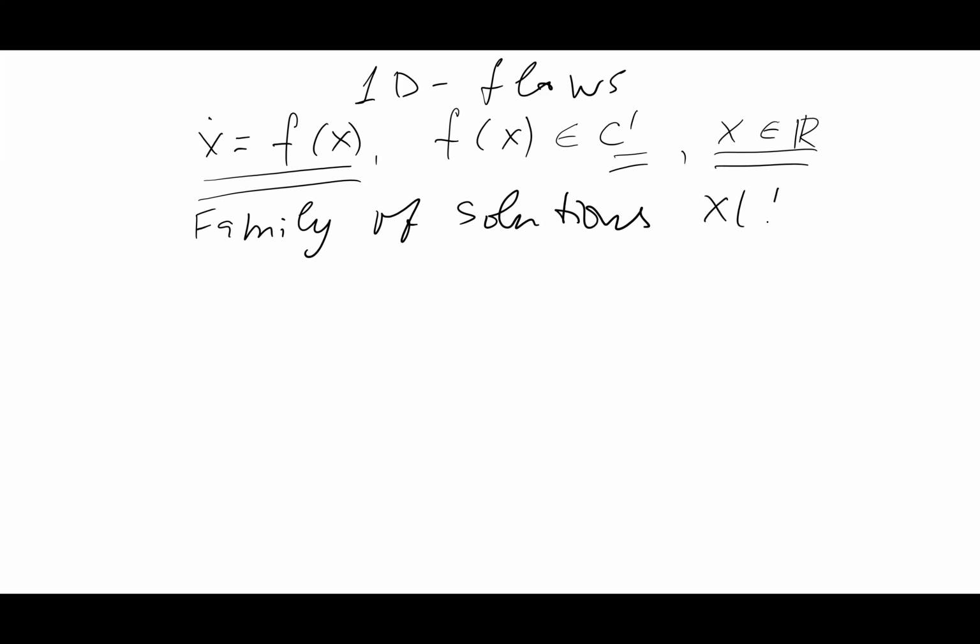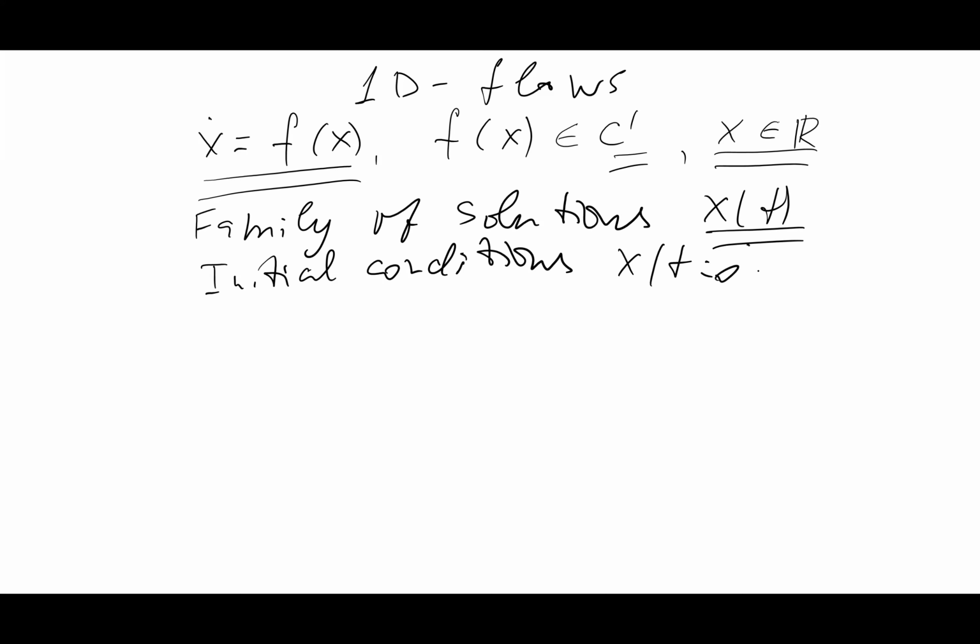So this is x of t. To get a unique solution, we need to apply initial conditions. Initial conditions x of 0 equals x naught make the solution unique.